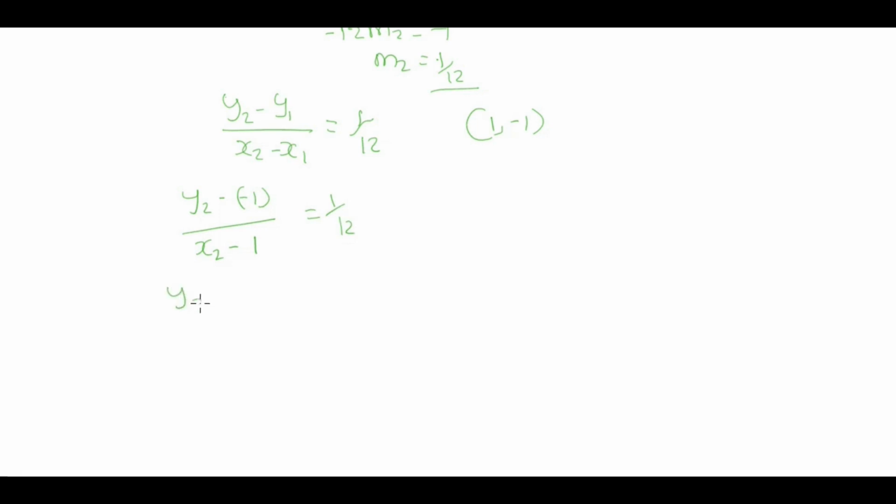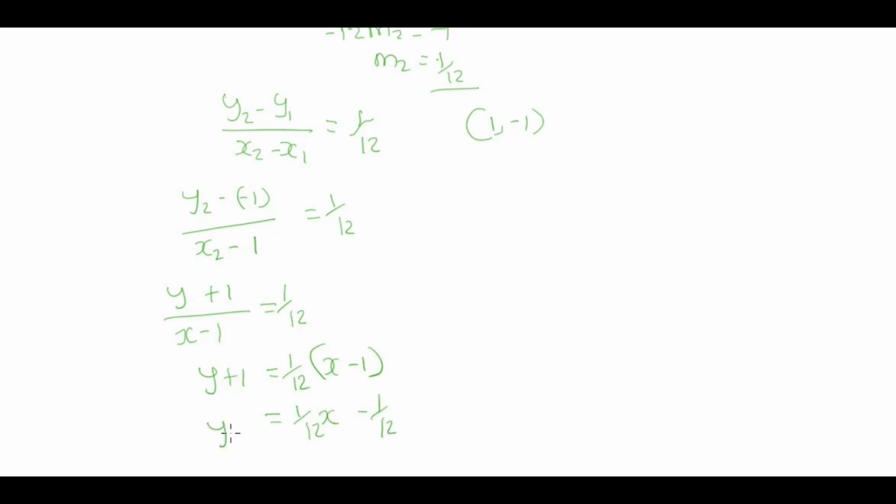So it is y2 plus 1 over x2 minus 1. Let's remove the 2, since we have one y, there's no need of putting y2, let's just have y and x. So y plus 1 over x minus 1 equals 1 over 12, so y plus 1 equals 1 over 12 times x minus 1, which equals 1 over 12 x minus 1 over 12.